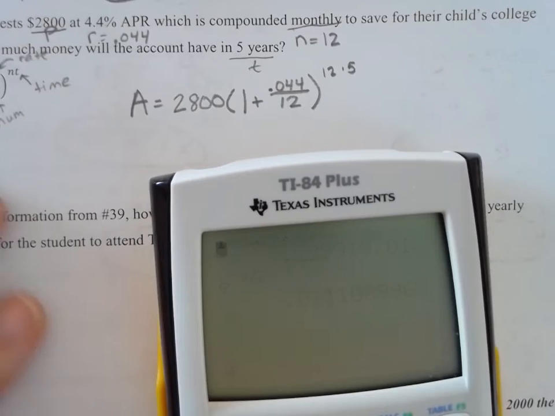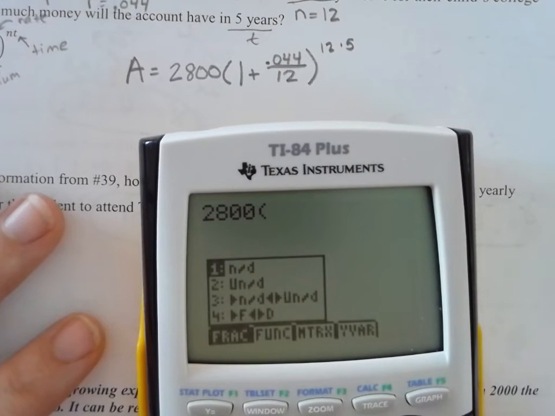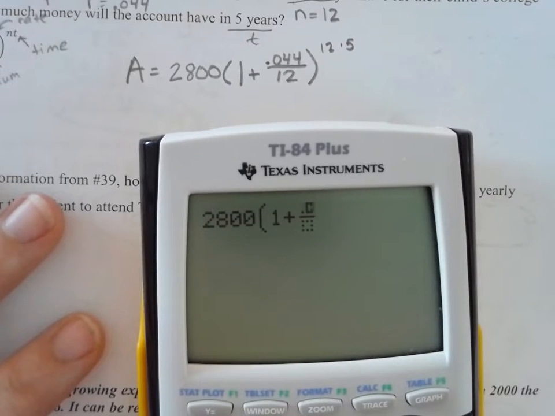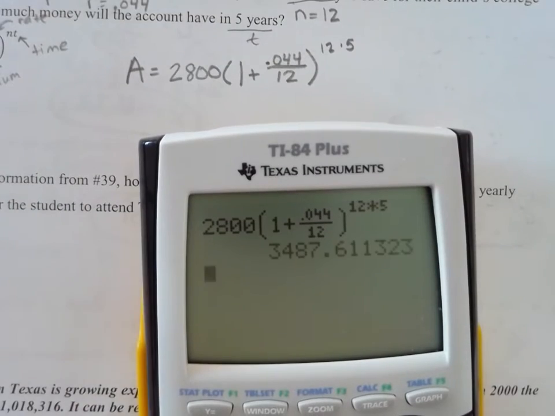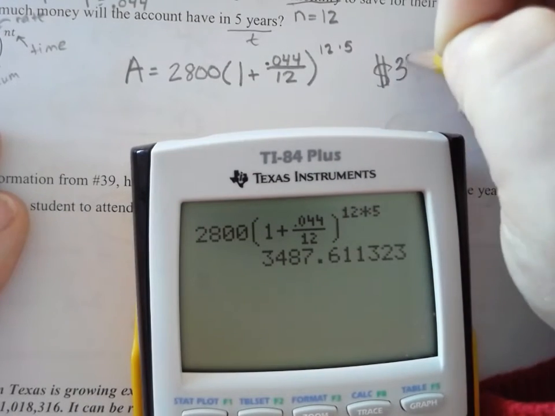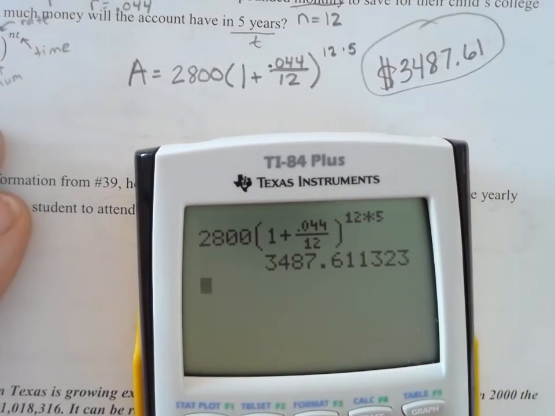So here we go. 2,800 times 1 plus 0.044 over 12, to the 12 times 5. And if you did that correctly, I got $3,487.61. Okay.